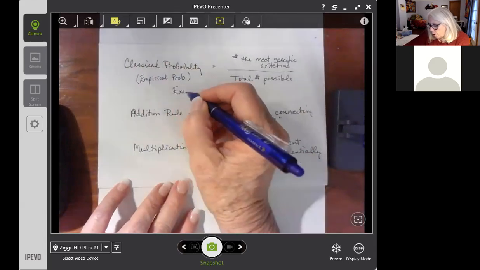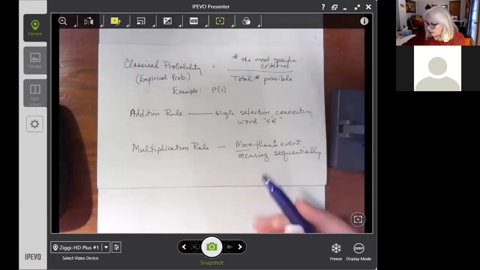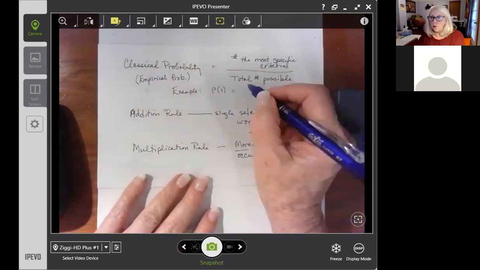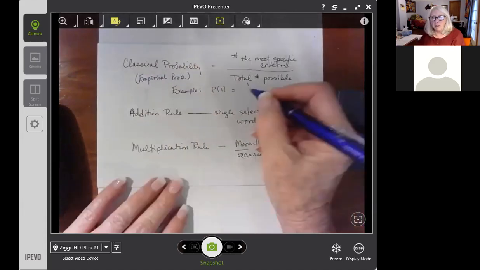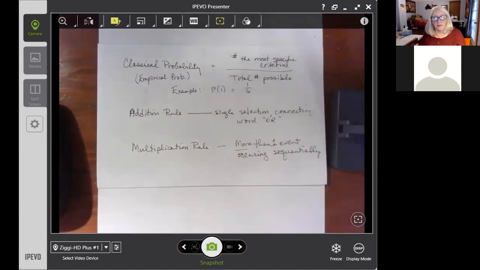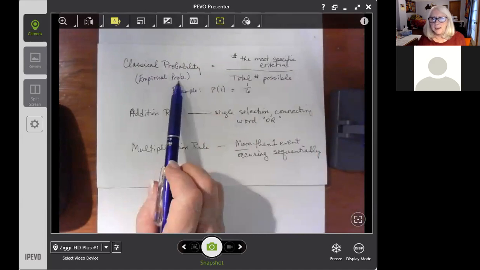The probability of rolling a 1 on a 6-sided die is 1, because there's only one value of 1 on the 6-sided die, right? Divided by 6, because there are 6 different numbers on the die. It's pretty straightforward, right?